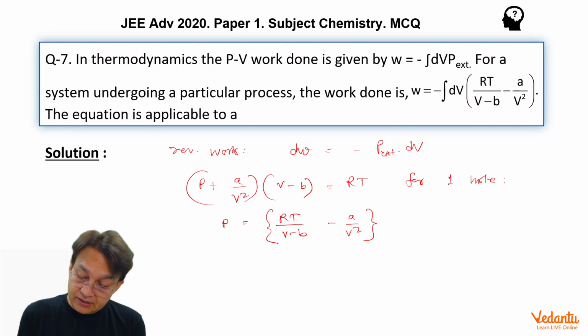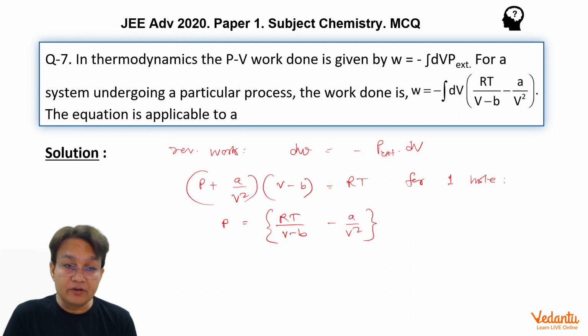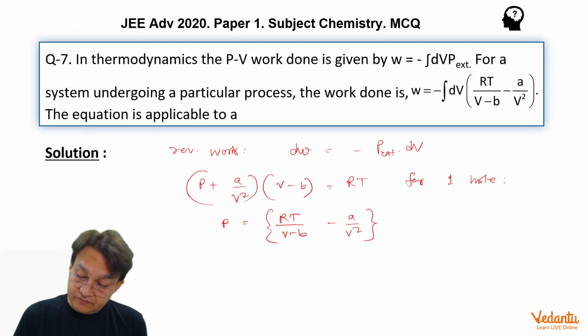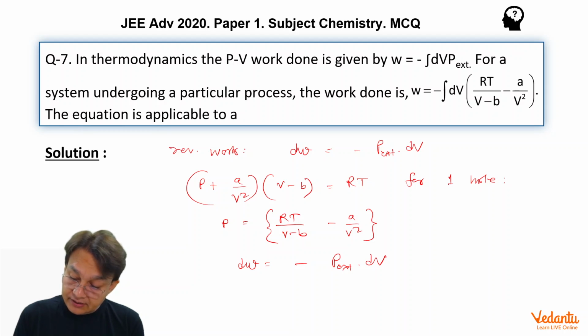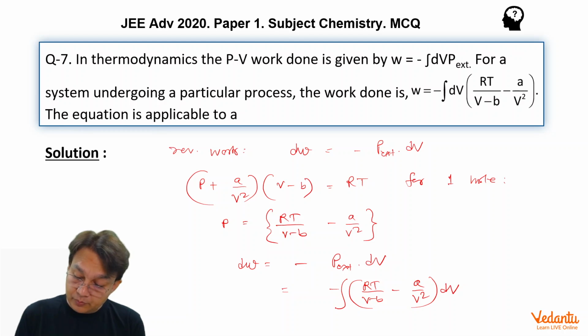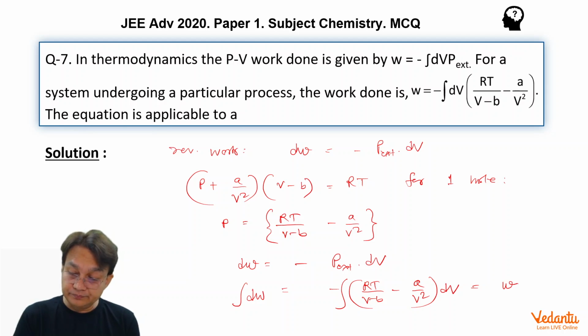So clearly, the pressure of the real gas can be written like this. And then dW is equal to minus P external into dV gives the same expression as given in the problem: RT upon V minus b minus a upon V square into dV. If you integrate it with proper limits, that is going to yield you the work.